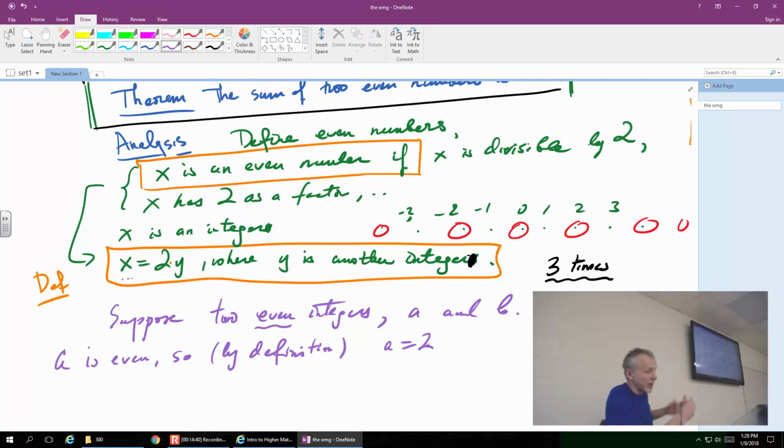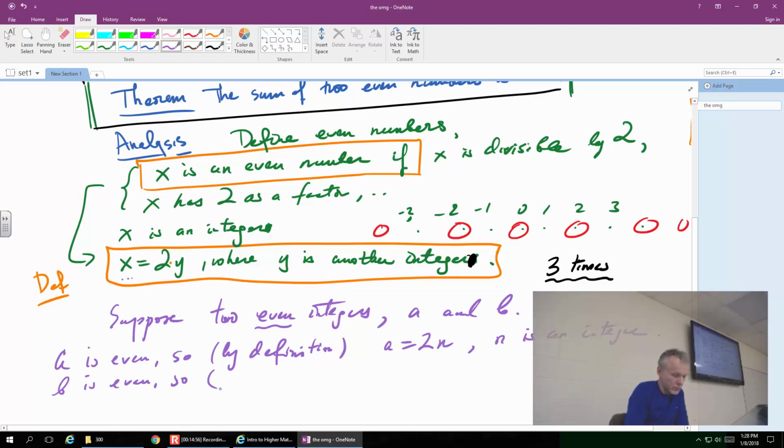So how about n? A equals 2n, where n is an integer. Okay? B is even too. So by definition, B is equal to 2 times, once again, you pick a letter that you like, but not the letters in the definition, in orange over there.